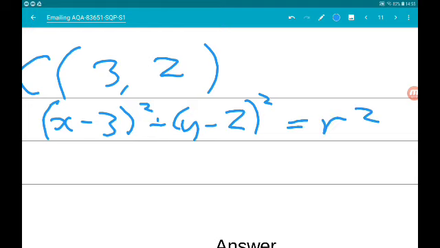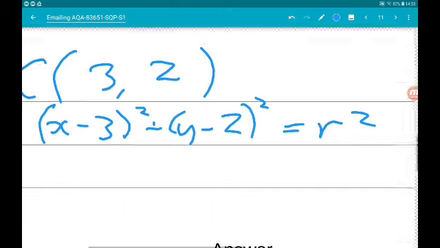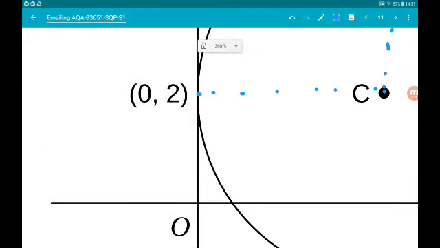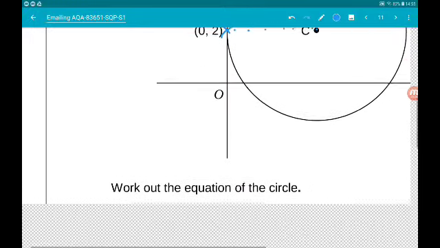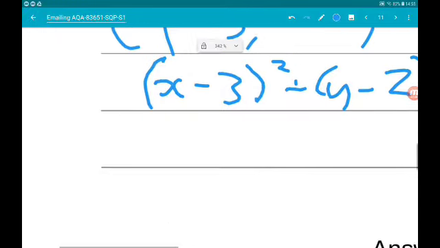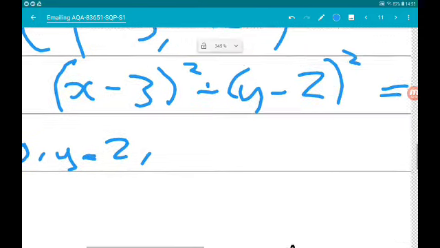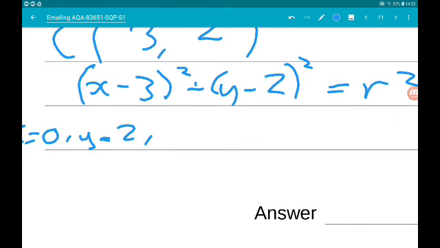Now we need to find the radius. So we know a point that lies on the circle. This point on the y-axis. So when x is 0, y is 2. So if we set x equal to 0 and y equal to 2, we end up with minus 3 squared, which is 9.